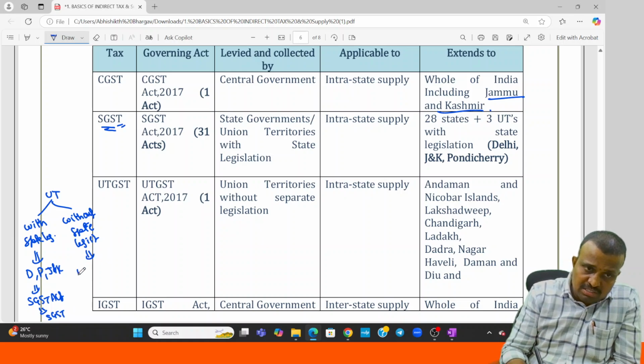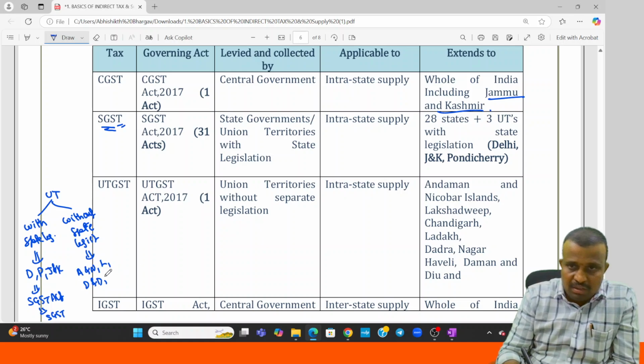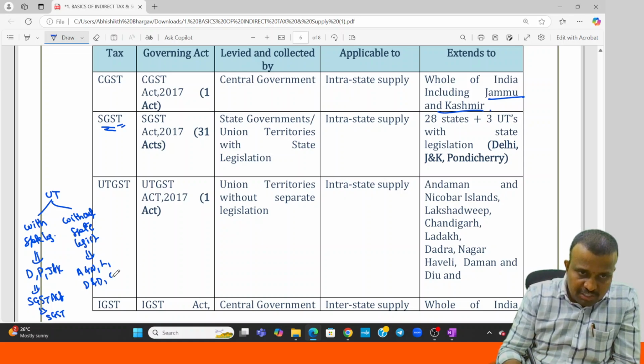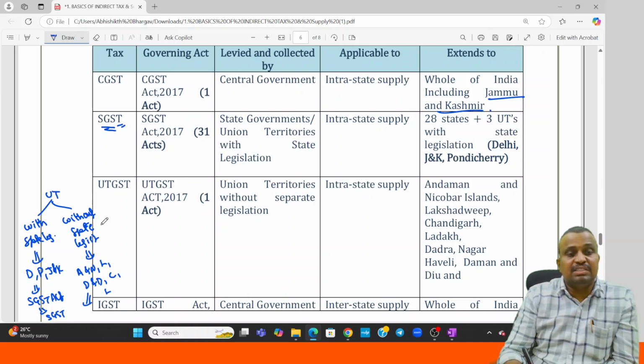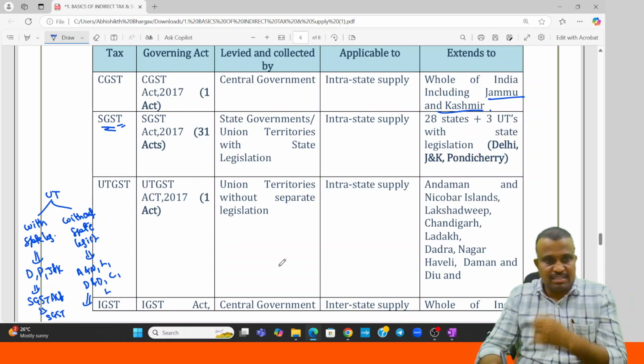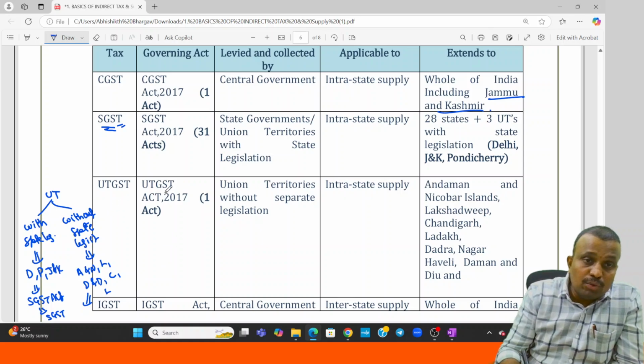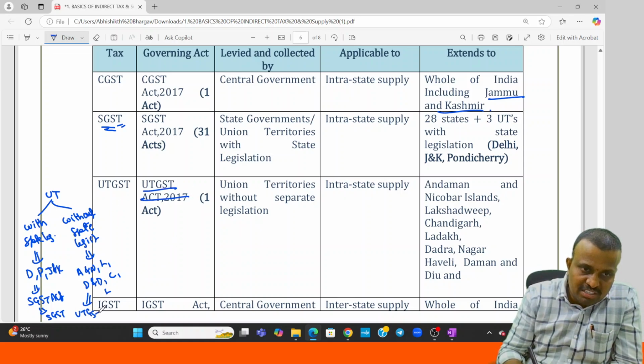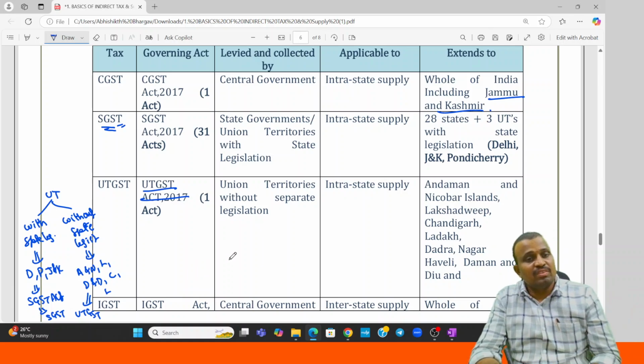Coming to the others: Andaman and Nicobar Islands, Lakshadweep, Daman and Diu, Dadra Nagar Haveli, Chandigarh, and Ladakh. These are covered under union territories without state legislation, and the UTGST Act is applied and UTGST is levied by the government.